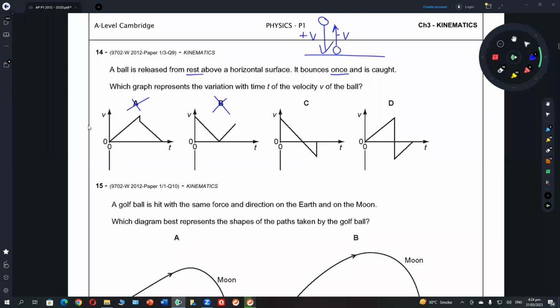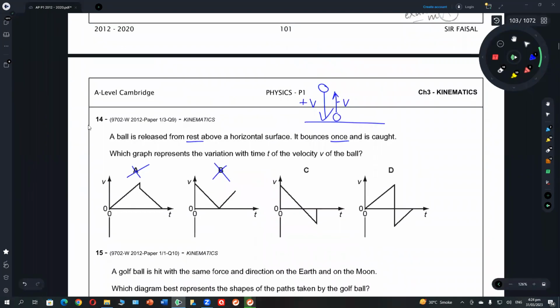So does D mean it bounces once and then bounces back again? No. First, make a concept. When something is falling down, should velocity increase or decrease? Think logically.